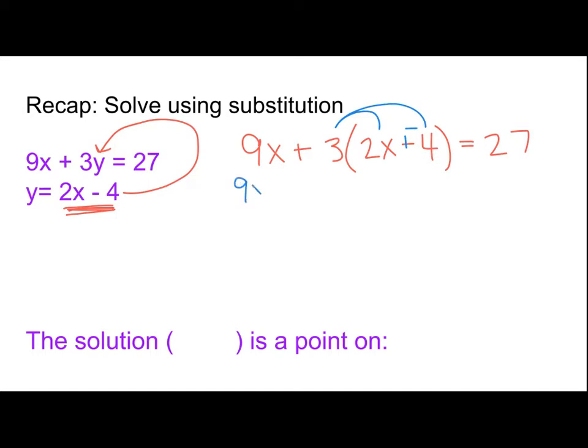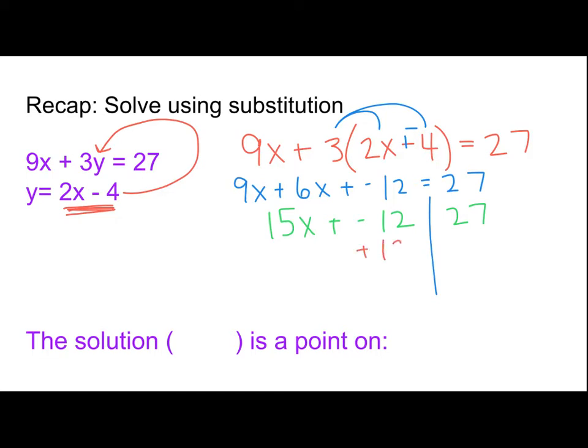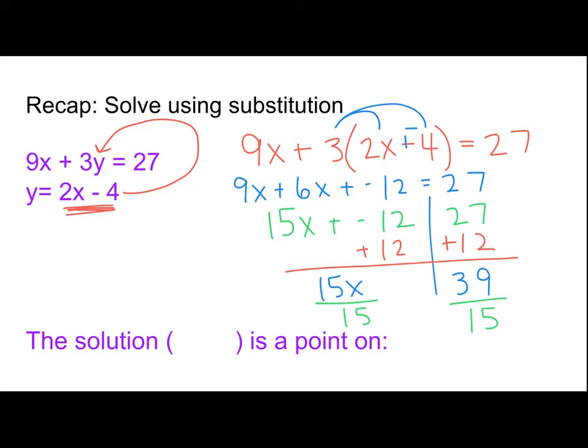So we have 9x plus 6x plus negative 12 equals 27. This would make it 15x to combine like terms. And then we're going to go to adding 12 on both sides, which gives us 15x equals 39. Divide both sides by 15. And we end up with x equals 2.6.